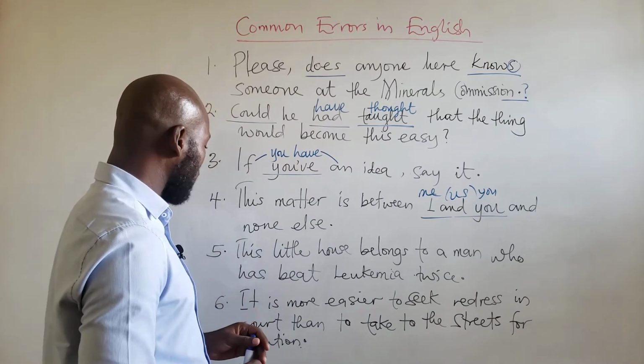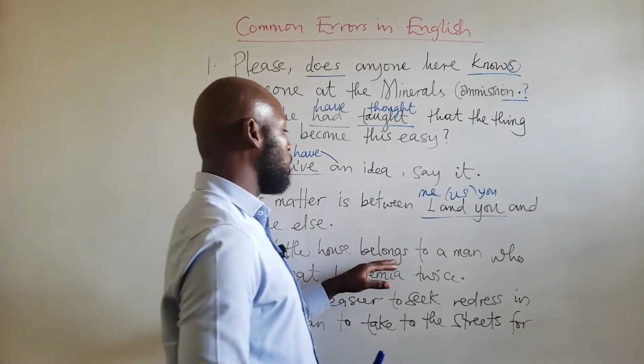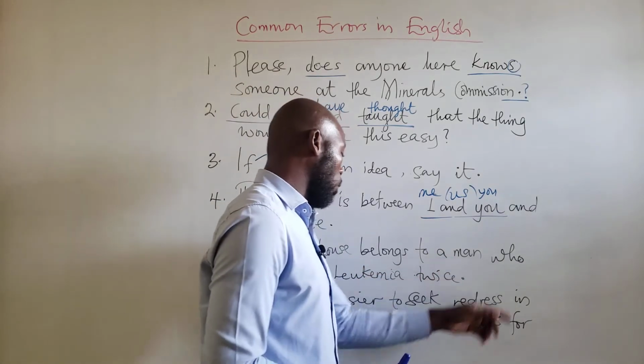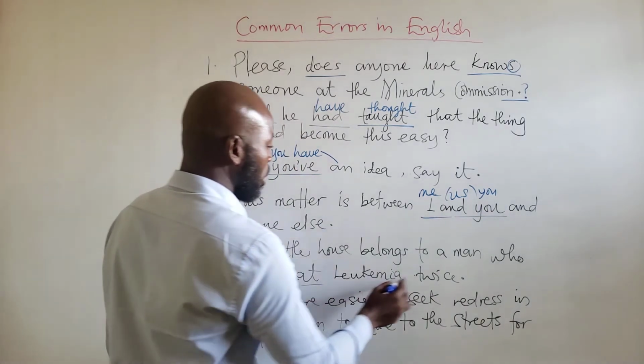The fifth statement says, this little house belongs to a man who has beat leukemia twice.